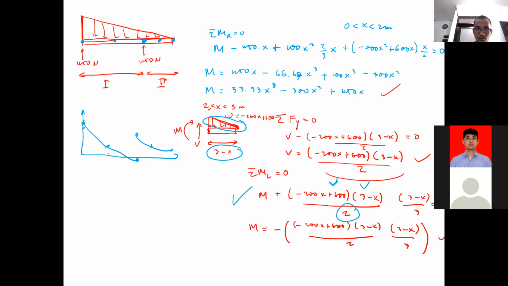Then the centroid of the force is 1/3 from the left here, because it's a triangle. Oh, that's why. Sorry, I forgot. That's why the moment arm is 3 minus X, but divided by 3, because it's 1/3. Okay, you get it, Alberto? Yes. Thank you, sir.